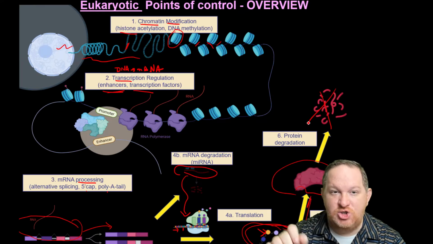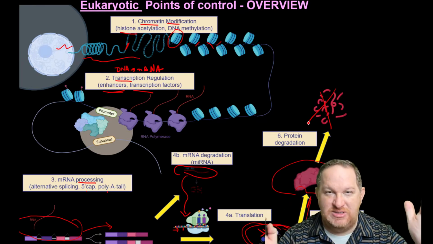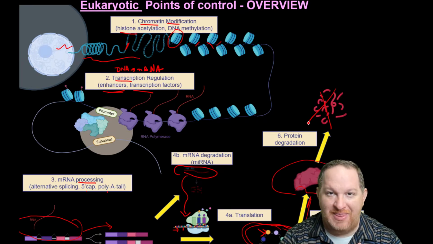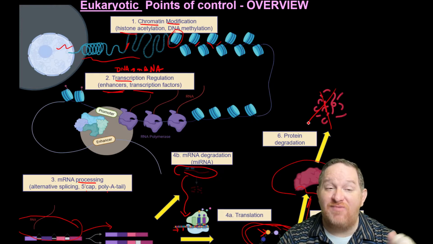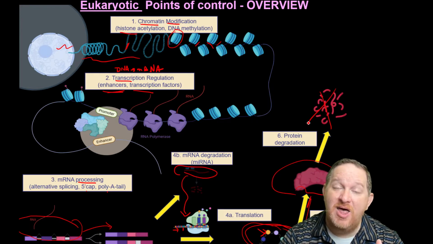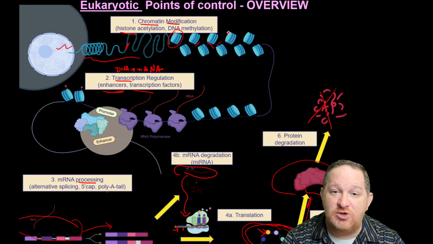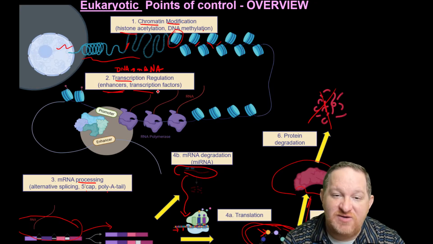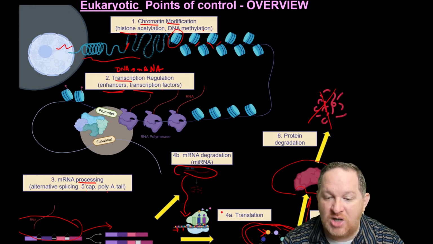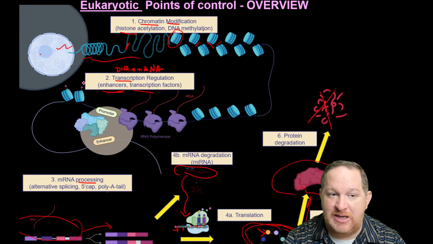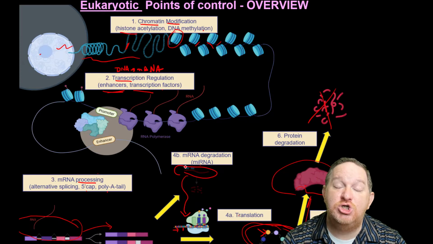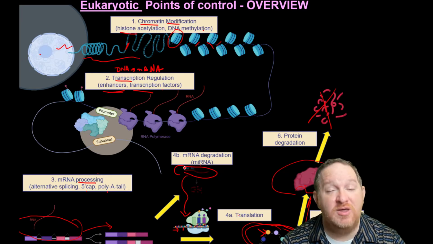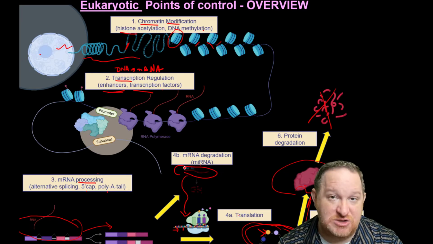Every step in the journey from DNA to protein is controlled by the body. And if all of these steps are controlled by the body, that means there's got to be points of control all along the journey. So there are lots of different things we can do at any process in this journey from DNA to protein to turn on or turn off these genes or let them be expressed.